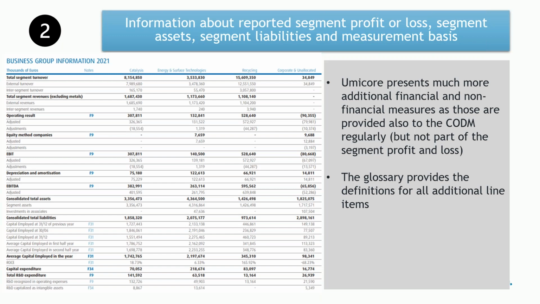But here you see again a lot of non-financial or other non-IFRS performance measures like capital employed, average capital employed, the ROCE, return on capital employed, R&D, etc. So adjustments, those are all non-IFRS related items which will have to be explained. And here you see also the operating segments by product or service: catalyst, energy service, or recycling.